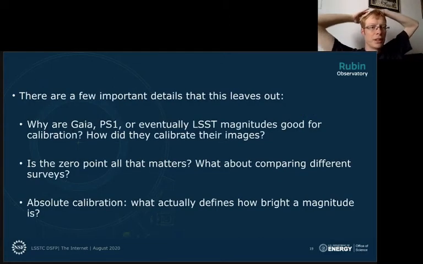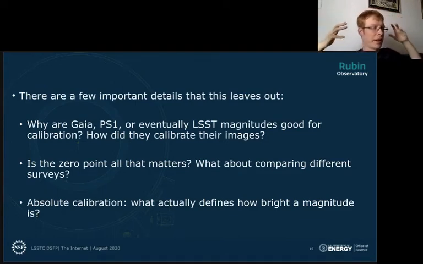So there are a few details that this leaves out. One is, how did Gaia or Pan-STARRS or eventually LSST magnitudes get to be good standards for calibrating images against? What did those surveys do that gave them robust photometry?